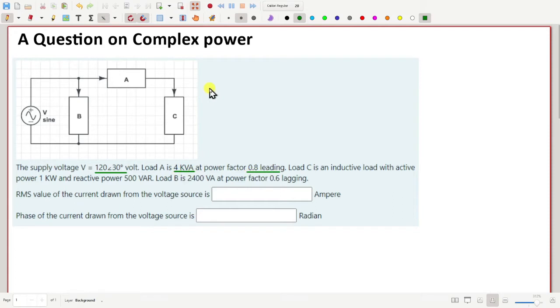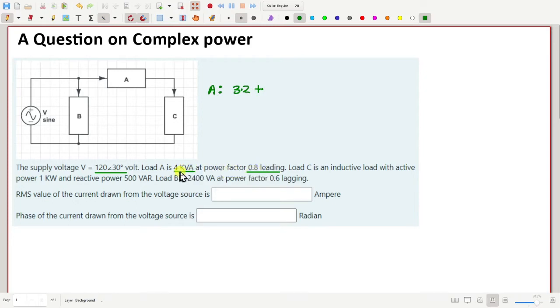So that means power consumed by load A is 4 into 0.8, 3.2 kilowatt. This is the real power. Plus the reactive component of power will be 4 multiplied by 0.6, because if cos theta is 0.8 then sin theta is 0.6.